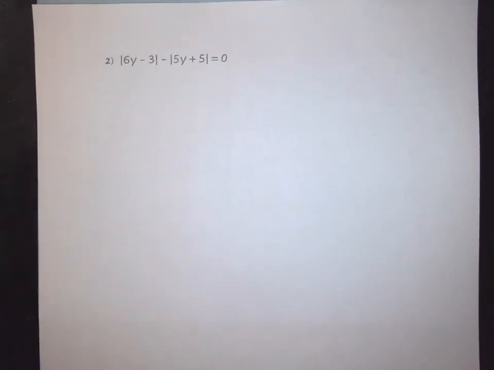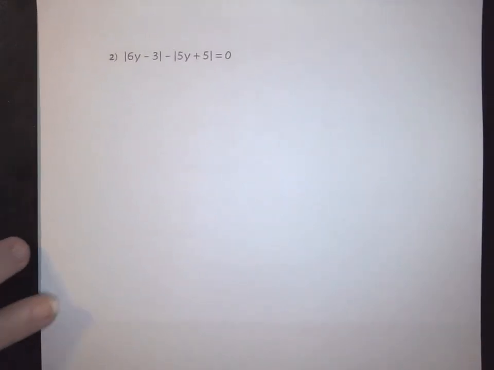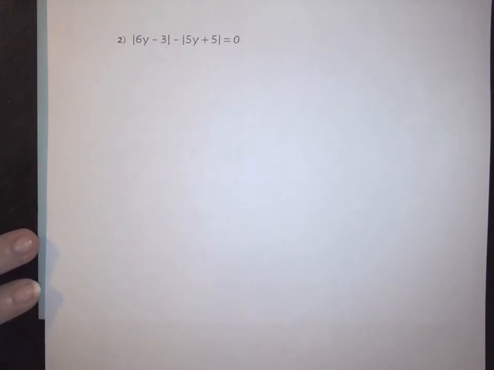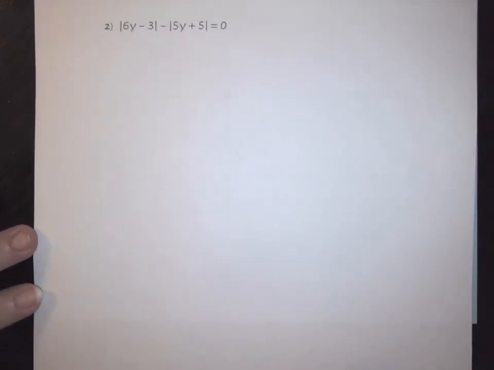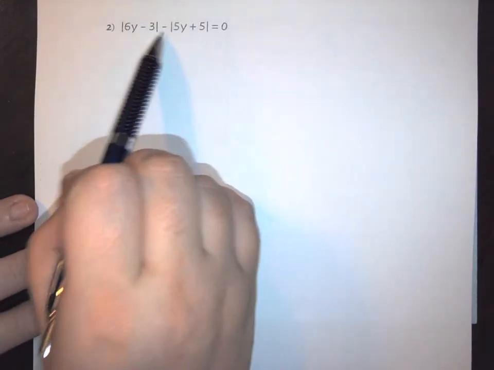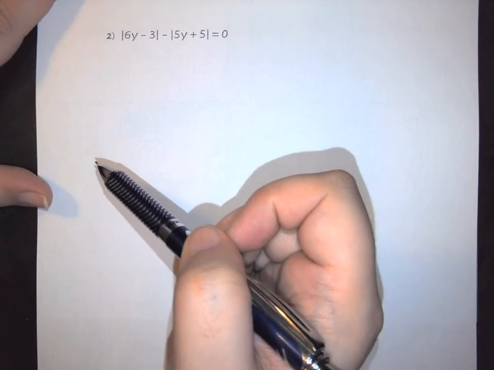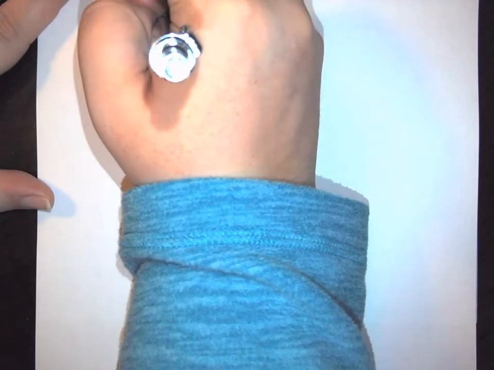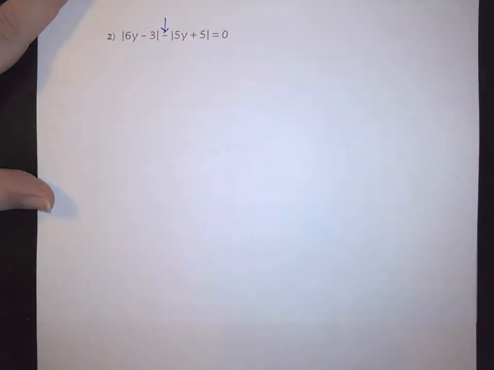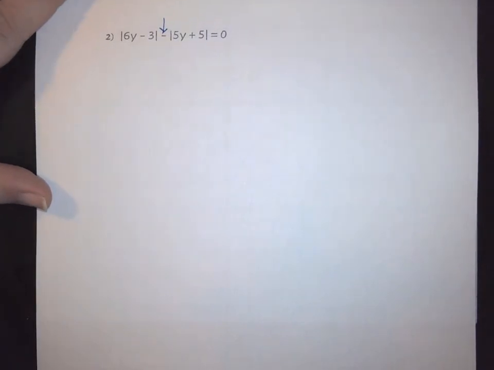Alright, let's take a look at another example here. In this example, one of the things I want to point out is that I have multiple absolute values. So the first thing we want to do is isolate your absolute value. We're going to look at my operation here, and this operation is negative.